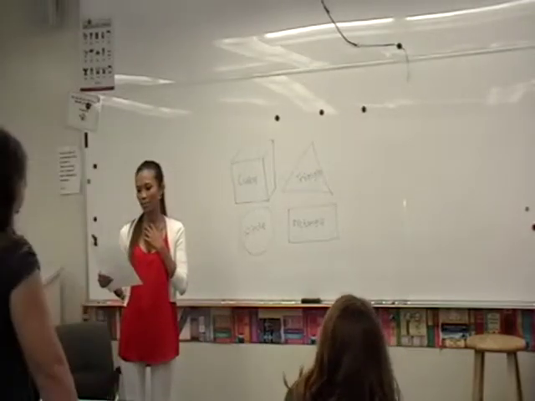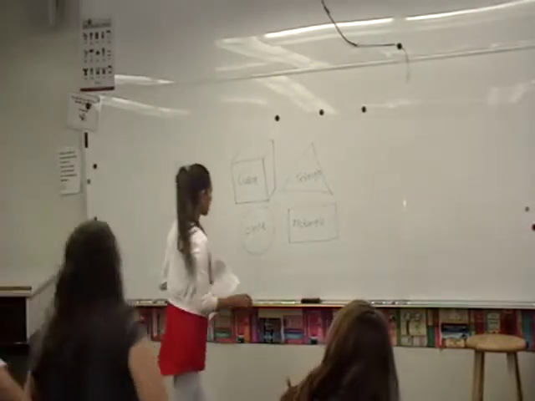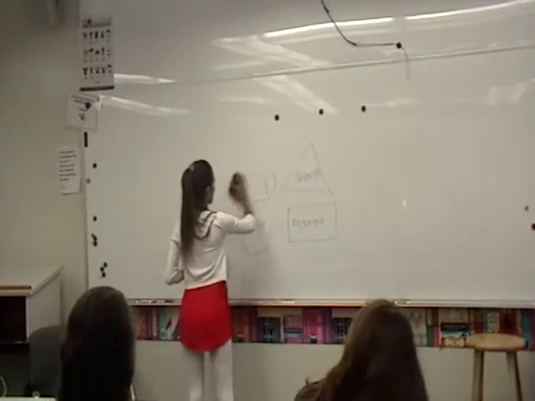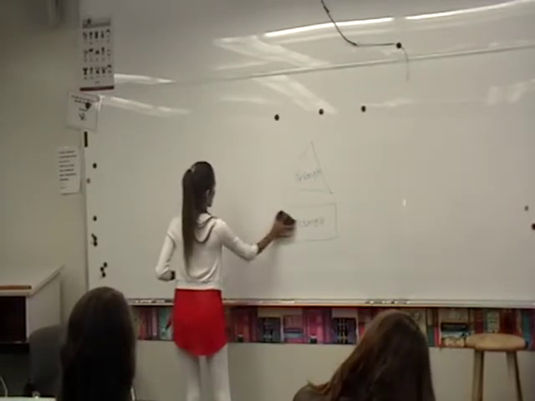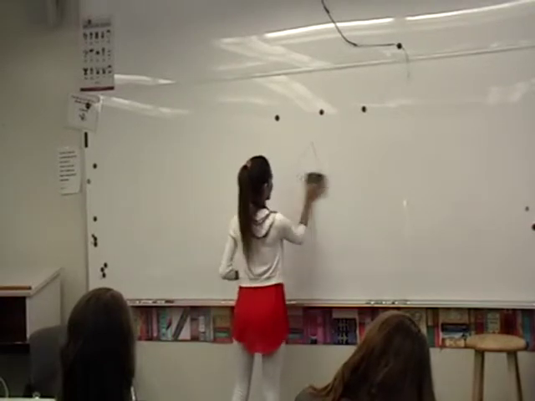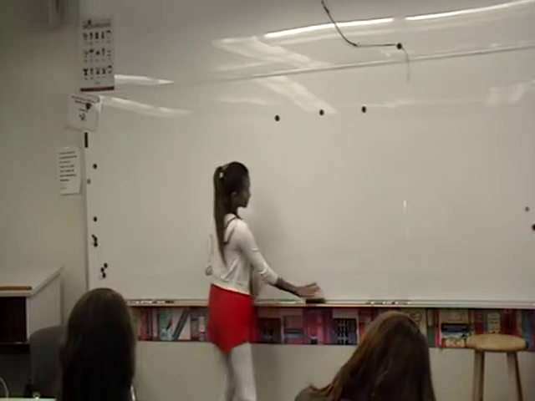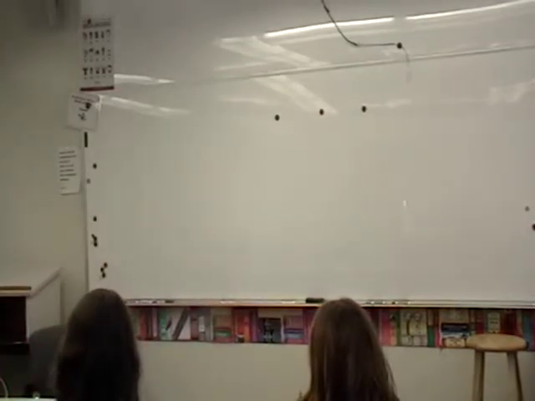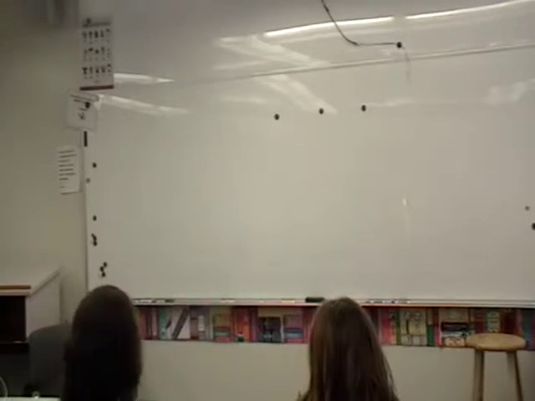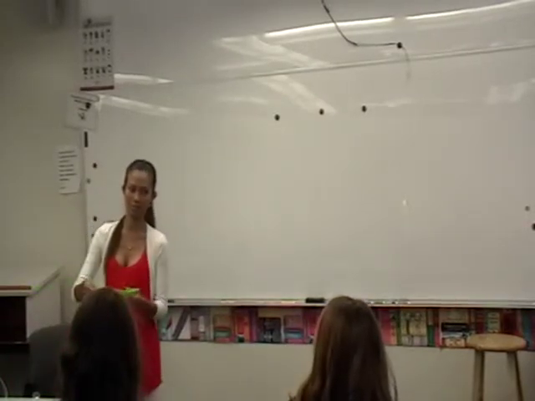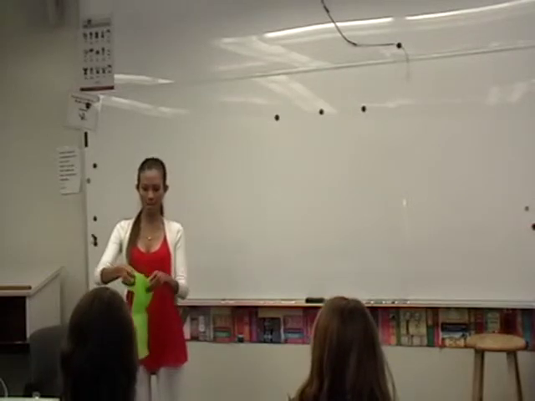Okay, so have you ever thought that using all different kinds of shapes can also help you make art? So the next activity that I will give you, I want you guys to use all of these shapes and make a giraffe. A giraffe, yes.